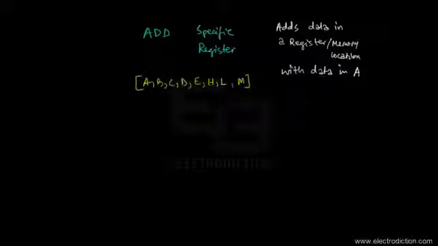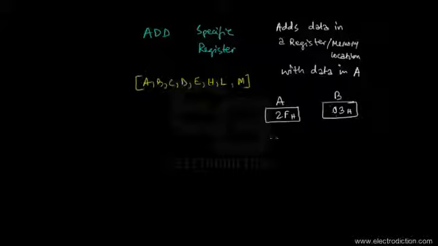Let's say the accumulator currently, that's the register A, is storing a data of, let's say, 2FH, and let's say we have another 8-bit data loaded in the register B, which could be 03H.